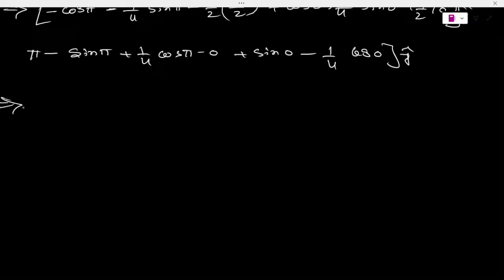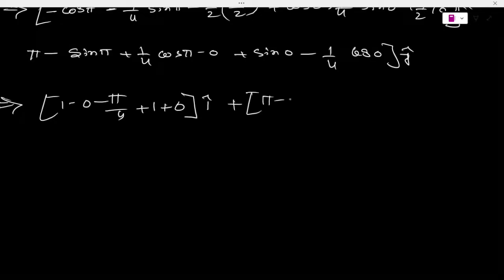So after that it will be 1 minus 0 minus pi by 4 plus 1 plus 0, i cap. So pi minus 0 minus 1 by 4 plus 0 minus 1 by 4.